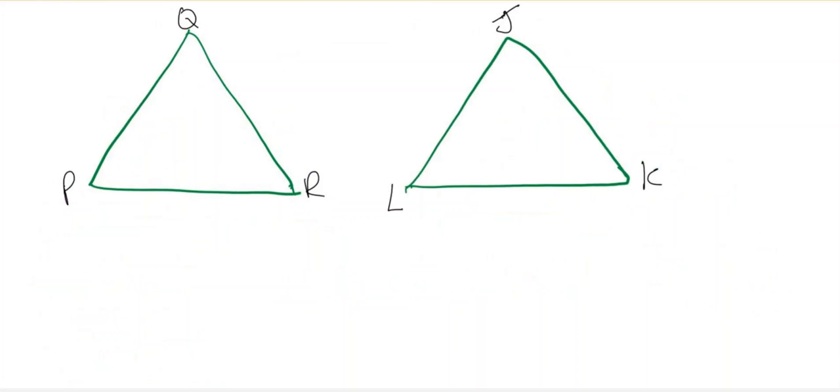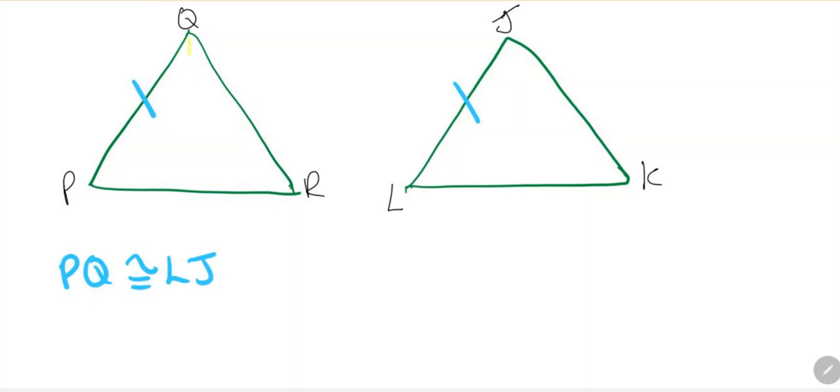So I have two triangles here, and this time I'm going to tell you that this side and this side are congruent. So we have PQ is congruent to LJ.